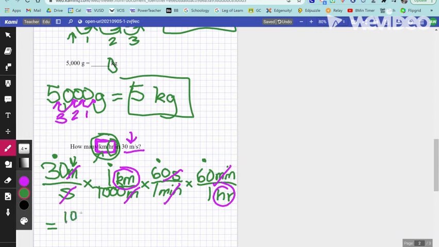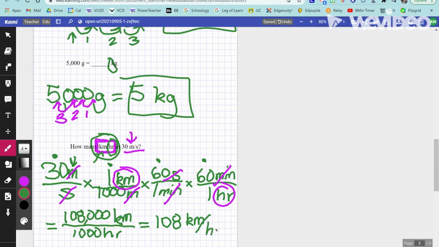And that gives me 108,000 kilometers per, but I still have 1,000 hours. So I need to now divide this number by 1,000. And that gives me 108 kilometers per hour. And I would box that as my final answer.